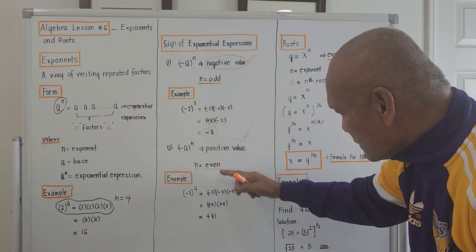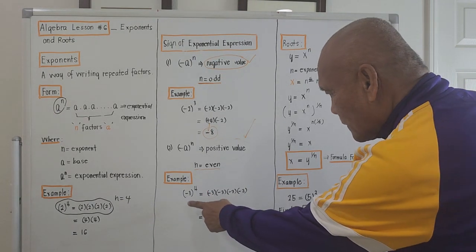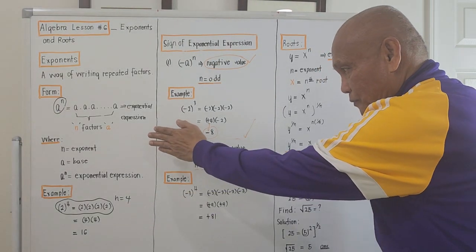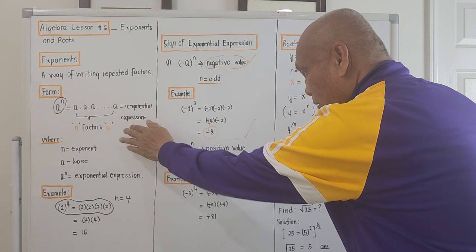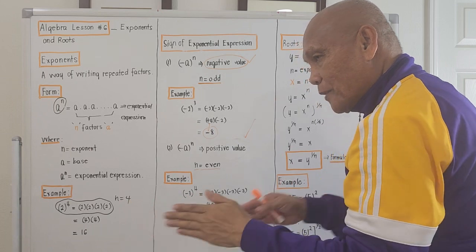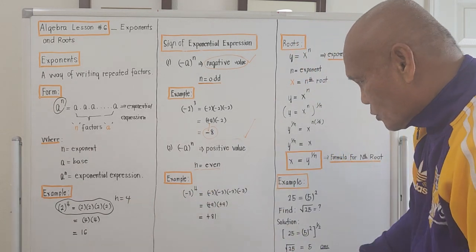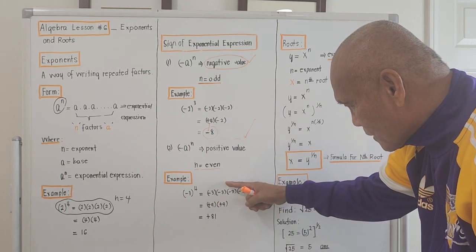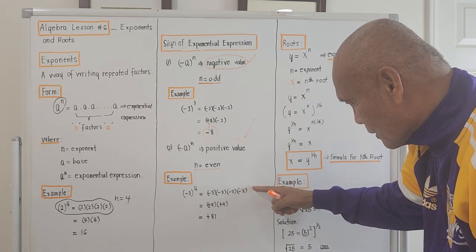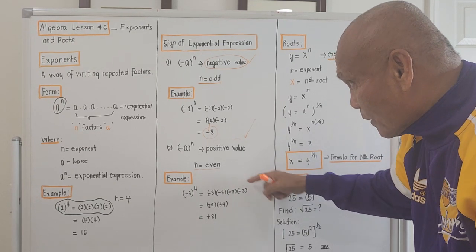As you see, the power now is an even number. If we expand this using this expression, it is the base multiplied by itself, depending on the power n, which for the meantime is 4. So this will be a negative 3 times negative 3 times negative 3 times negative 3. This is 1, 2, 3, 4.